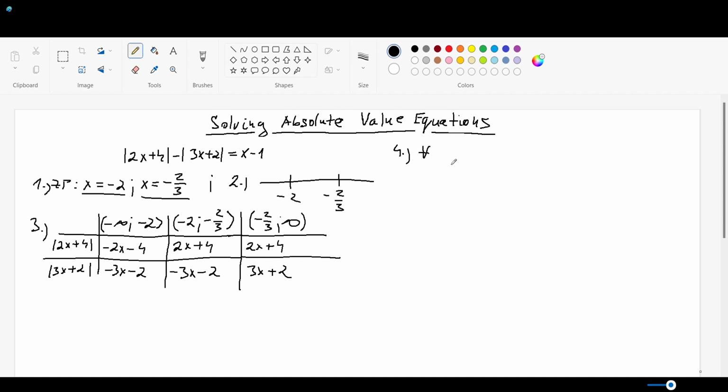Okay, so the fourth and last step is we find the solution of our equation for each x from the interval negative infinity to negative 2, which gives the equation negative 2x minus 4 minus, and here is something really important, and that's why I have chosen this equation. You have to be aware of the negative sign in front of this absolute value.